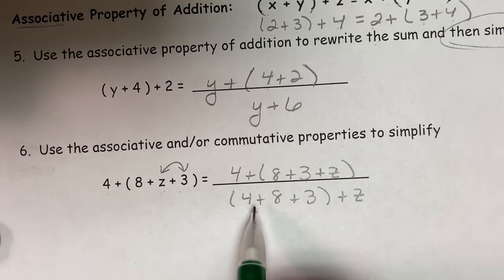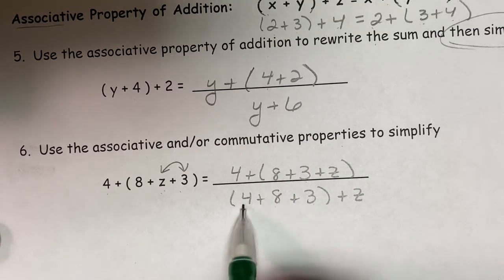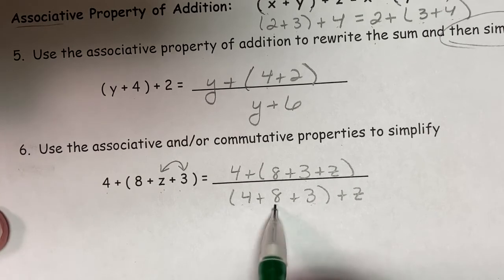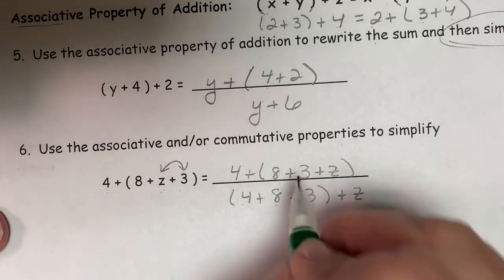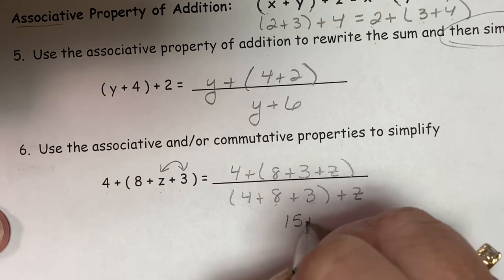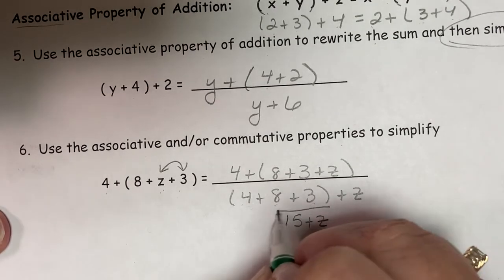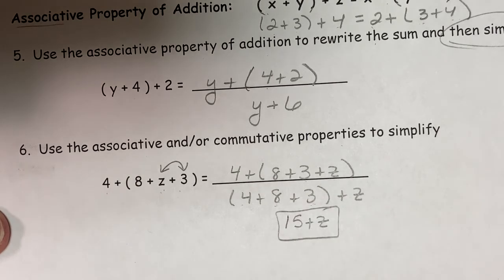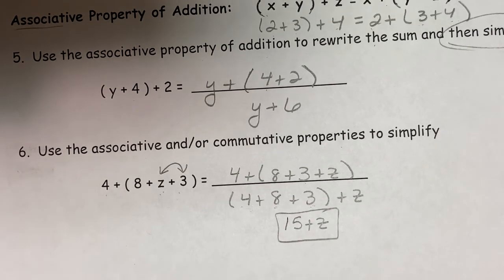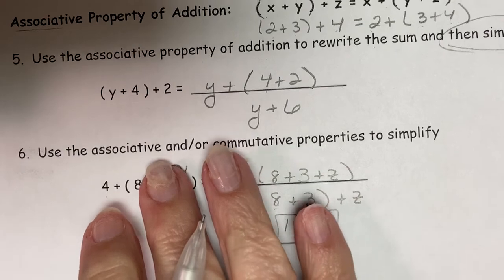And now the idea is because now I have all of the numbers grouped together, I can go ahead and add them together. So 4 plus 8 is 12, plus 3 is 15, plus z. And there's the simplification. Okay, so that idea is going to take you a little bit of practice.